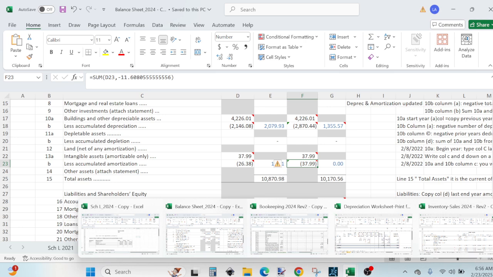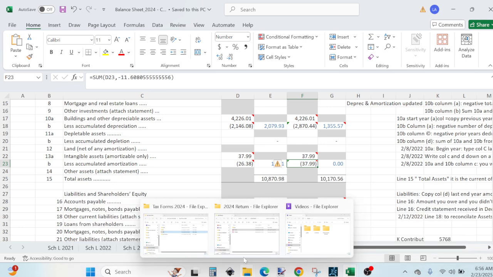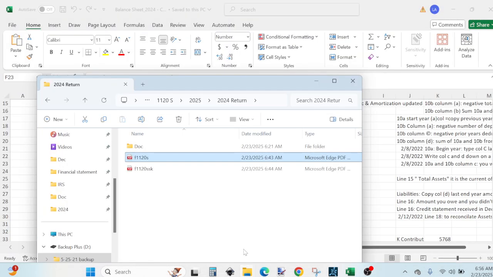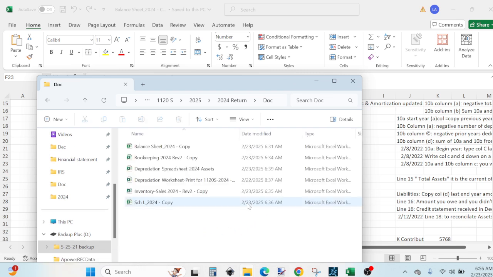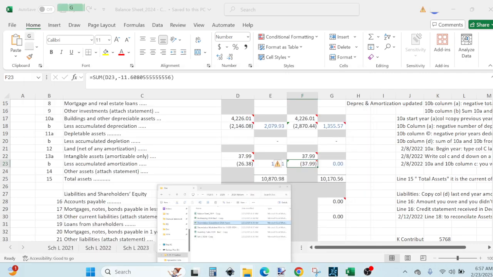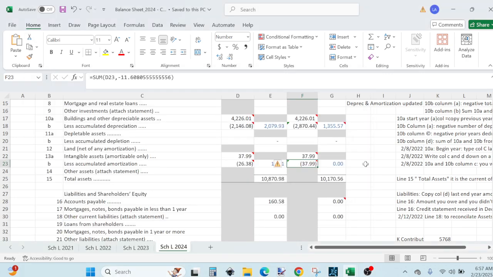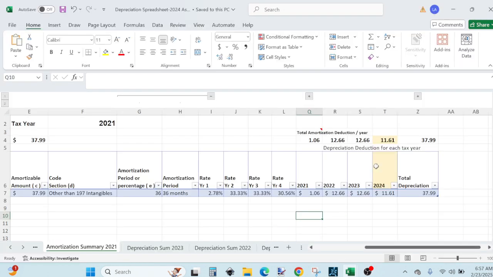So we can go back to, let's see here, amortization. Let's open this. And you can just copy your amortization amount and put it there as well.